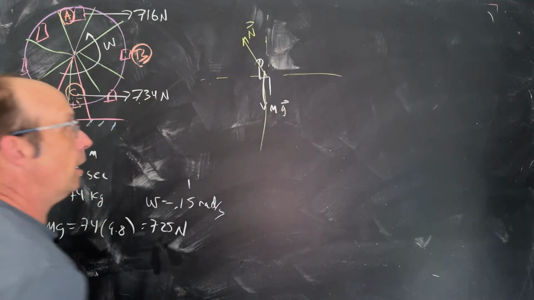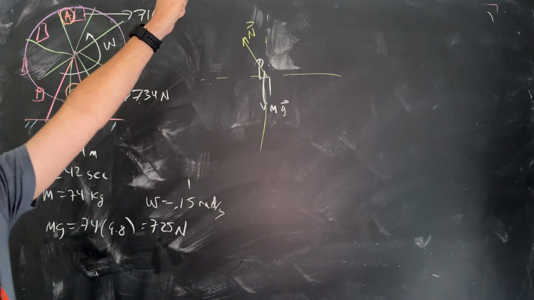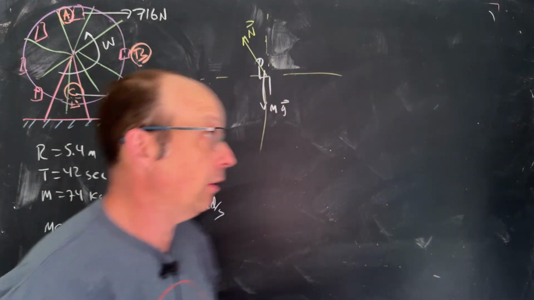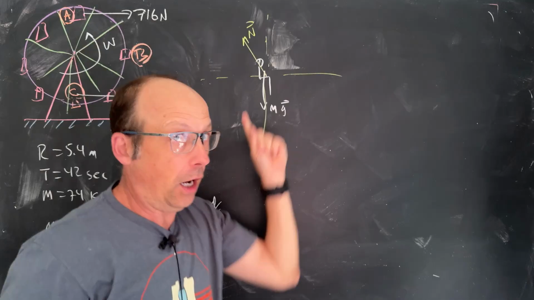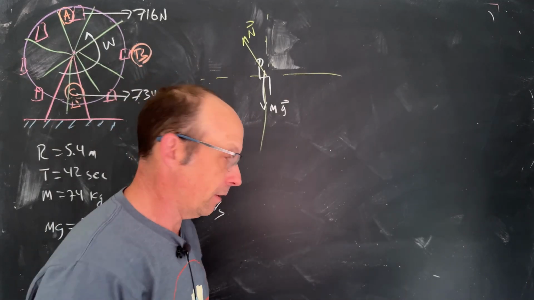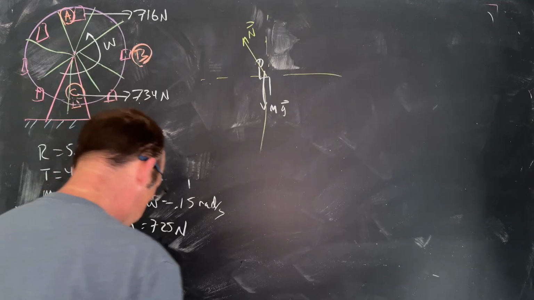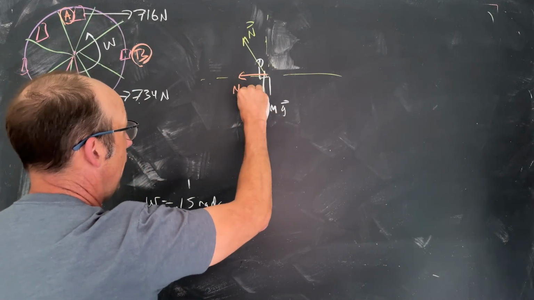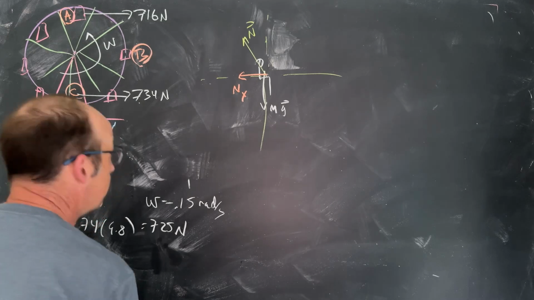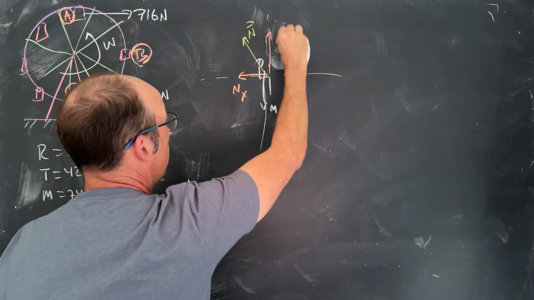There has to be a component of the normal force both in the vertical direction, because they're not accelerating in the vertical direction now, and in the horizontal direction. So the normal force is not up. Okay. Those chairs swing, you know. Okay. So we can actually break this into, let's just do this a simple way. I'm going to call this n in x, and I'm going to call this, let's do pink, n in y.